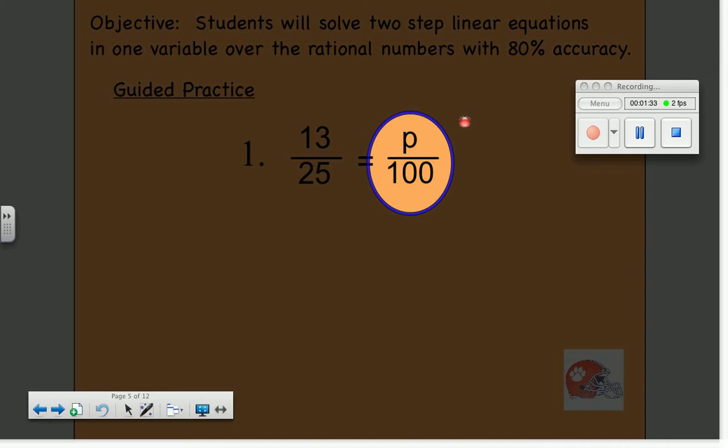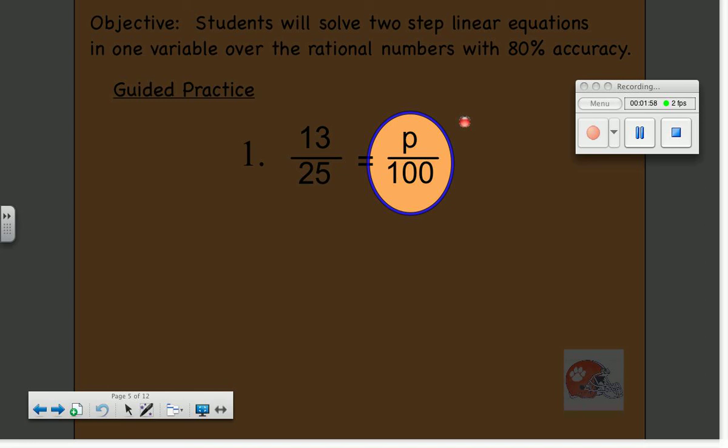So since all percents are out of 100, I have some number out of 100, but I don't know what it is. I'm trying to find out what percent that is. So the variable P represents the unknown, the percent that we don't know. We used P for percent, but it doesn't matter if it's an X or a Y or an A or a B. You're still just searching for the percent of another number.